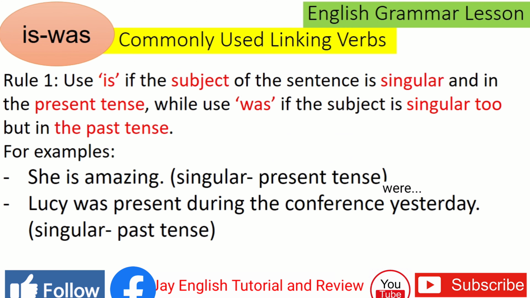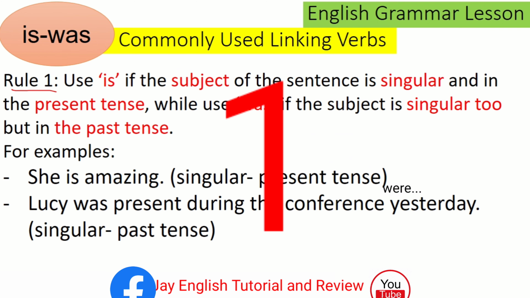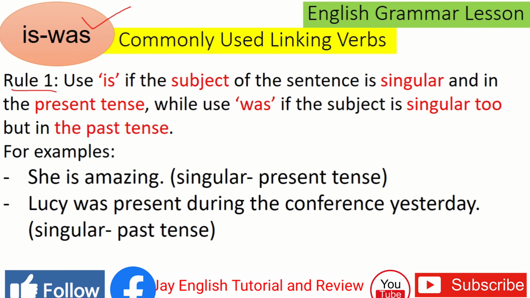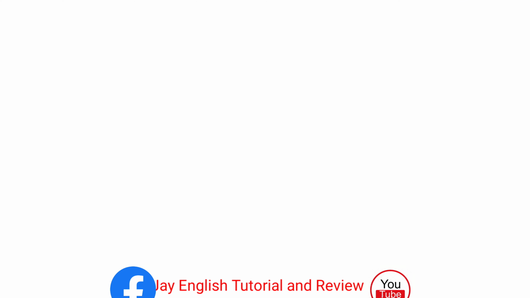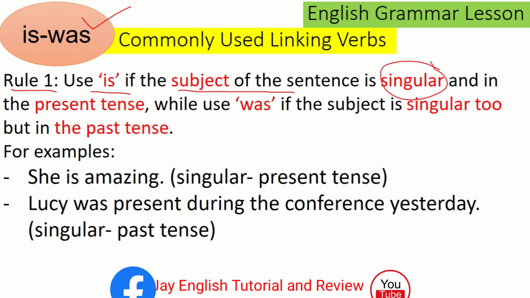Okay. Rule number 1. Let's talk about is and was. Okay? It says use is if the subject of the sentence is singular and in the present tense.